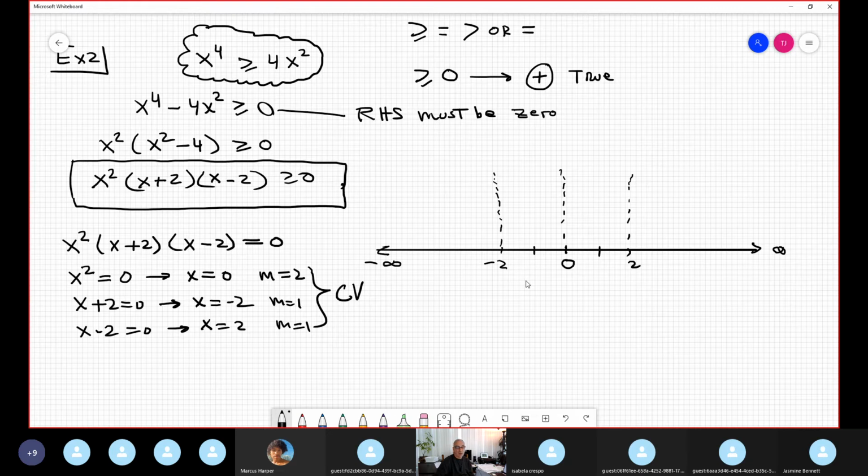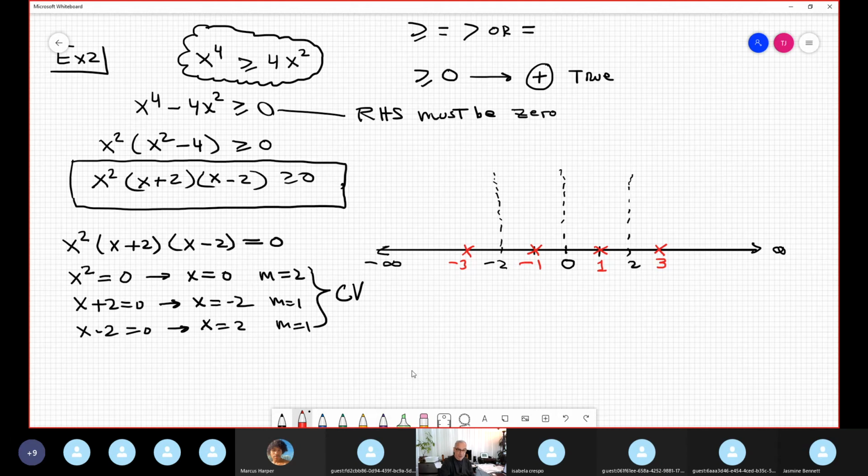Perfect. Now immediately I change the color. I select testing points. Actually, we have 1, 2, 3, 4 intervals. Maybe 3 is good in that interval. Maybe 1 is good. I like 1. Not 0, because 0 is a critical value. I select testing points in between 2 critical values. Negative 1 is super good. And negative 3, or negative 4, or negative 5, or negative 1000 is fine, since it represents that part.